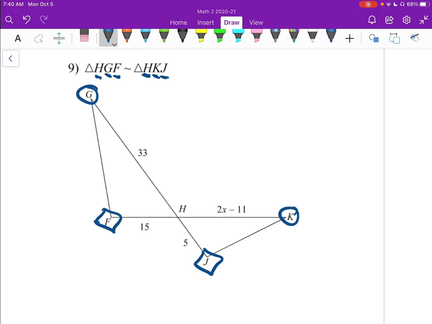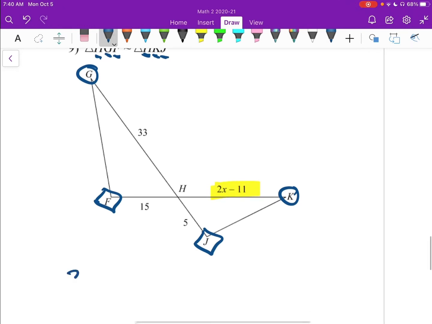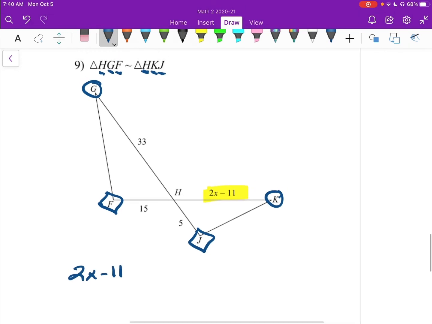All right, so my x is right here, so I'm going to put it on top, 2x minus 11. So 2x minus 11 is between H and the circle. So I'm going to look for H and the circle, which is 33.